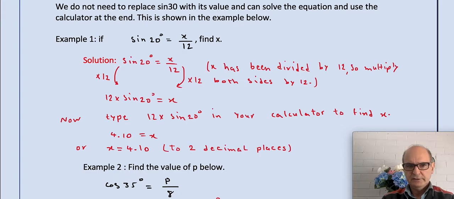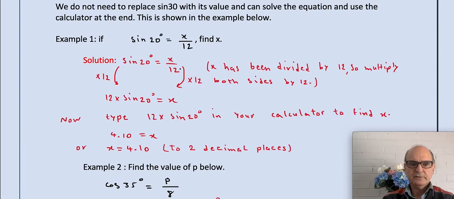Sine 20 degrees is equal to x on 12, and they want us to find x. Again, x has been divided by 12, so we need to undo it by timesing it by 12. So you write your equation and times both sides by 12.